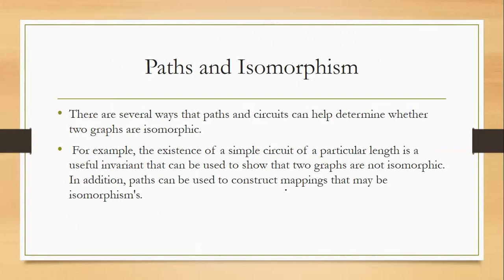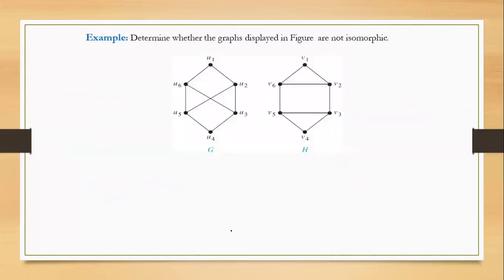If we have a simple circuit of length 4 in one graph and in the other graph we cannot create a simple circuit of length 4, then those two graphs are not isomorphic. You can take the examples of isomorphism we have studied earlier and try to check the condition again. In addition, paths can be used to construct mappings that may be isomorphisms.